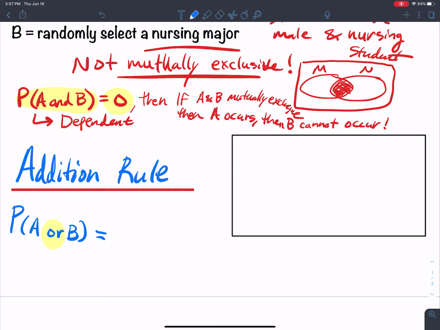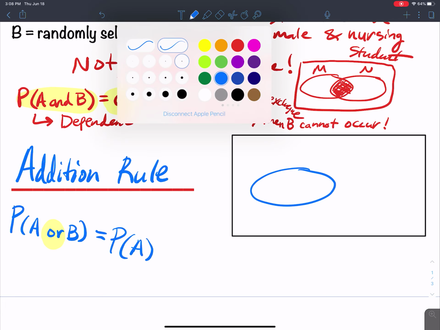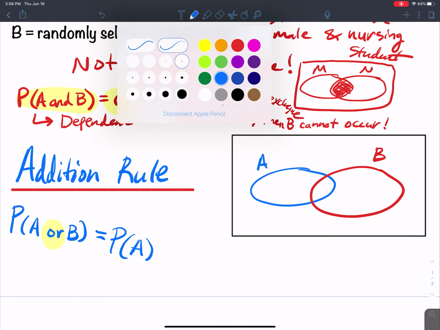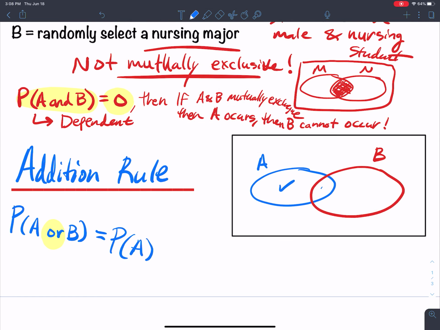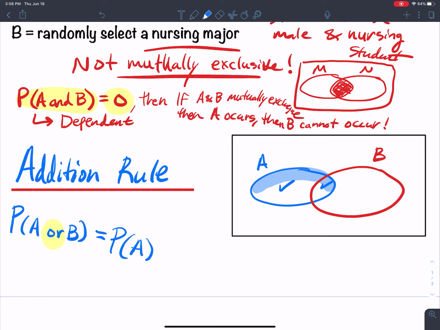So the probability of A or B is equal to the probability of A. If this is a set for A and this is a set for B, the probability of A would be this area and this area. If I shaded it, it would be right here.